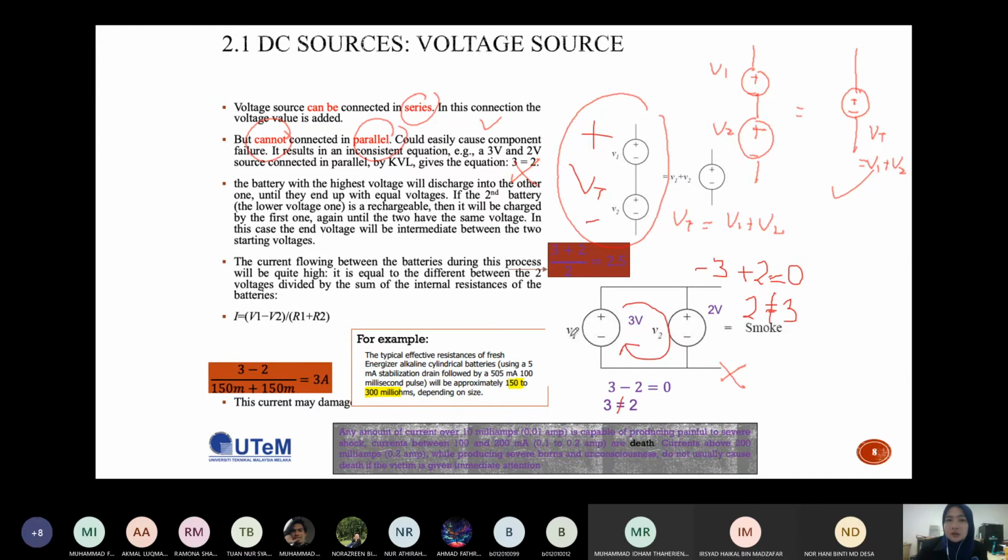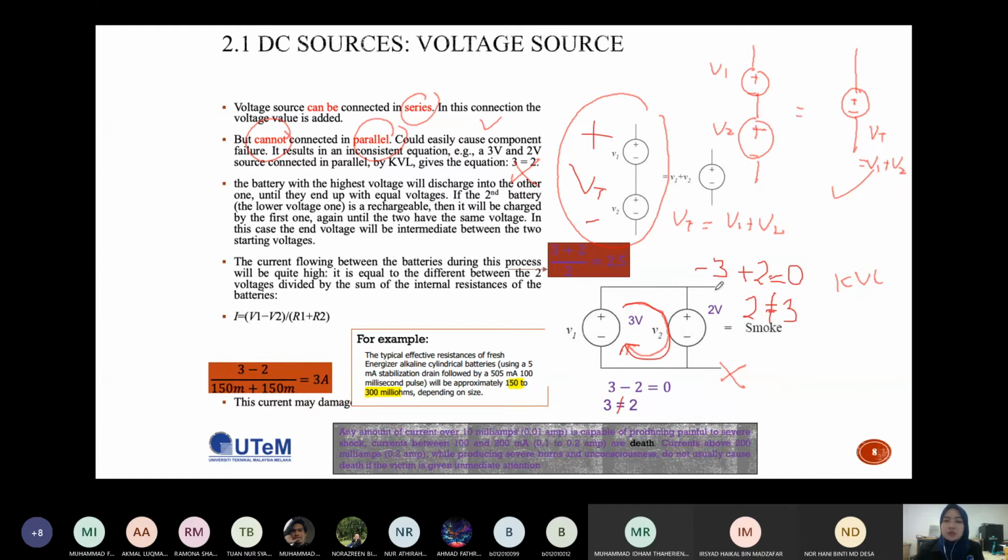Why can the voltage source not be connected in parallel? Because, for example, if you do a KVL, you haven't learned KVL yet in this chapter. You will learn KVL maybe in next week's class, but basically KVL states that the total voltage in this loop equals 0.